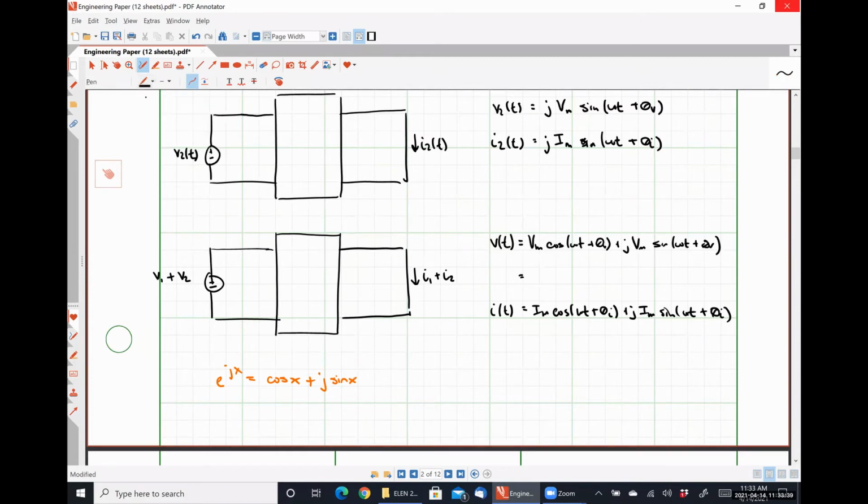So using Euler's identity, V of t here is Vm e to the j(omega t plus theta v). And we can also express our current I as a complex number as well, but I'm not going to do that. The reason why I want to leave it in this form is because I want us to notice something very particular about this linear black box circuit that is representative of any circuit we could create containing resistors, capacitors, and inductors.